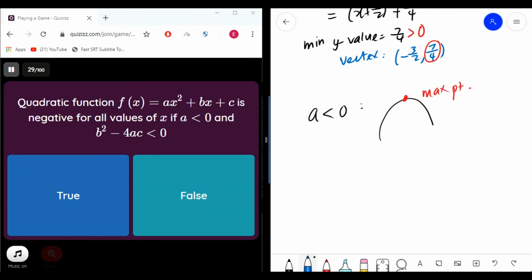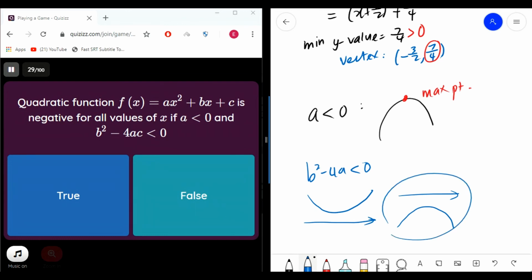If b squared minus 4ac is smaller than 0, it means the graph doesn't touch the x-axis. It's either above the x-axis or below the x-axis. But since we already said it has a maximum point, it is a crying curve, so it should be like this. Then you have a look at all the y values. They are all negative. Therefore, the statement is true.